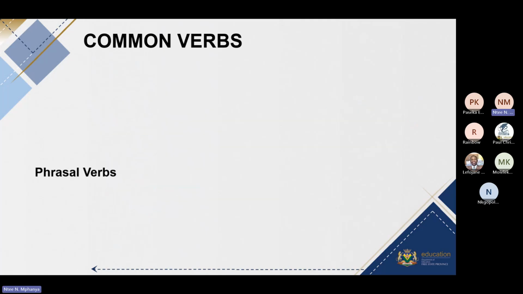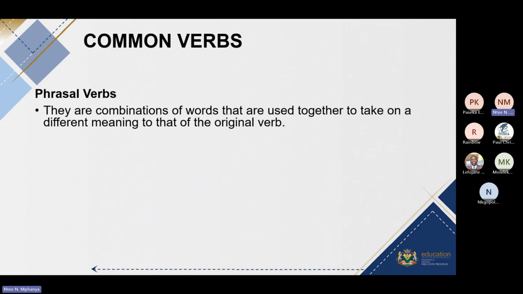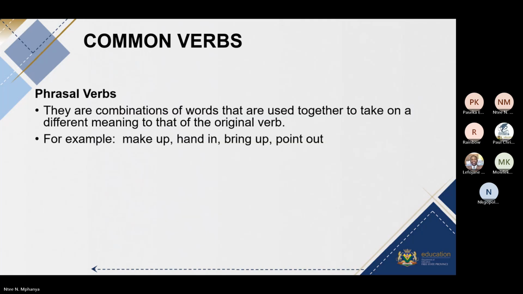What are common verbs? We have phrasal verbs. They are a combination of words that are used together to take a different meaning to that of the original verb. For example, make up, hand in, bring up, point up. These are phrasal verbs. What do we mean? They have more than one word.